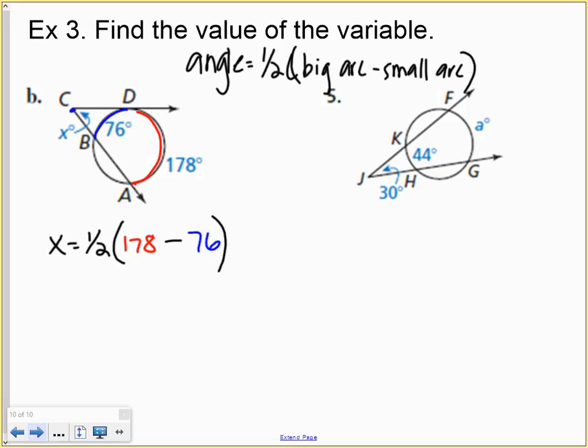And you can clearly see here that if you did it backwards, you would get a negative number, which we don't deal with negative angle measures. Okay, what's 178 minus 76? 102. And half of 102? Good?